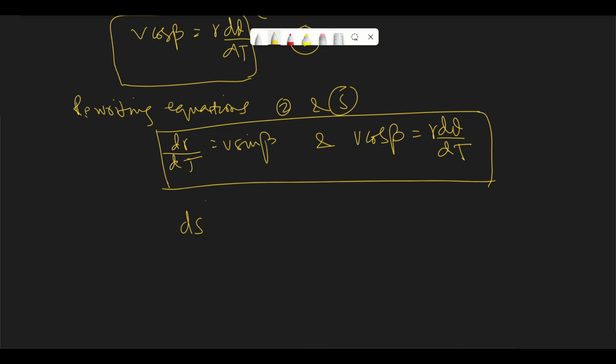Okay, if we use Al-Kashi's theorem for the special case when the angle θ is 90 degrees, we have the differential line element in polar coordinates.